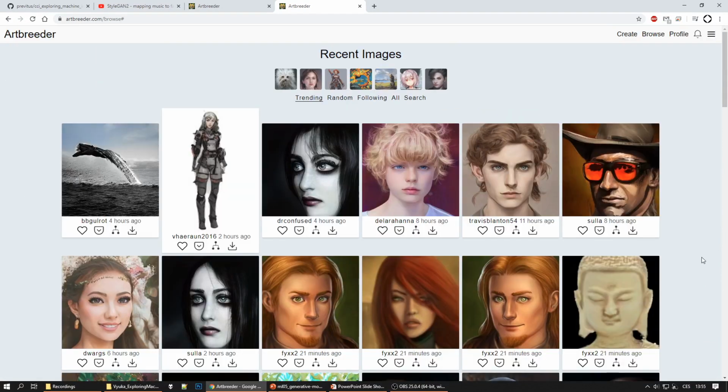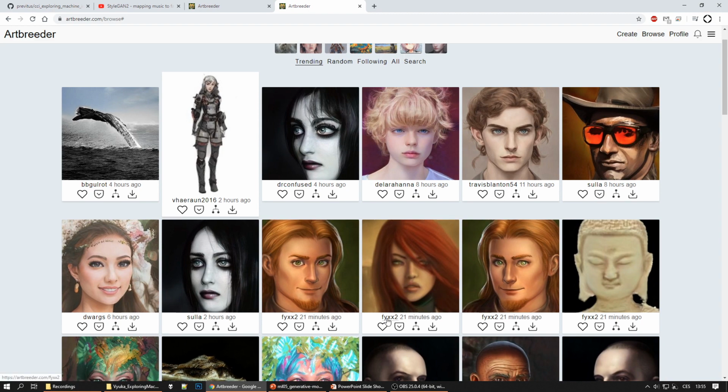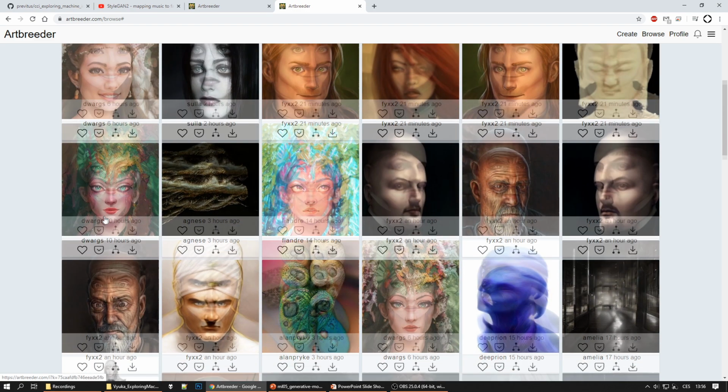Let's see. Okay, so I logged in, and this is how it looks when you have an account there. You can start looking at other people's explorations of the space and see what they found in there, and maybe isolate samples that they wanted to save.